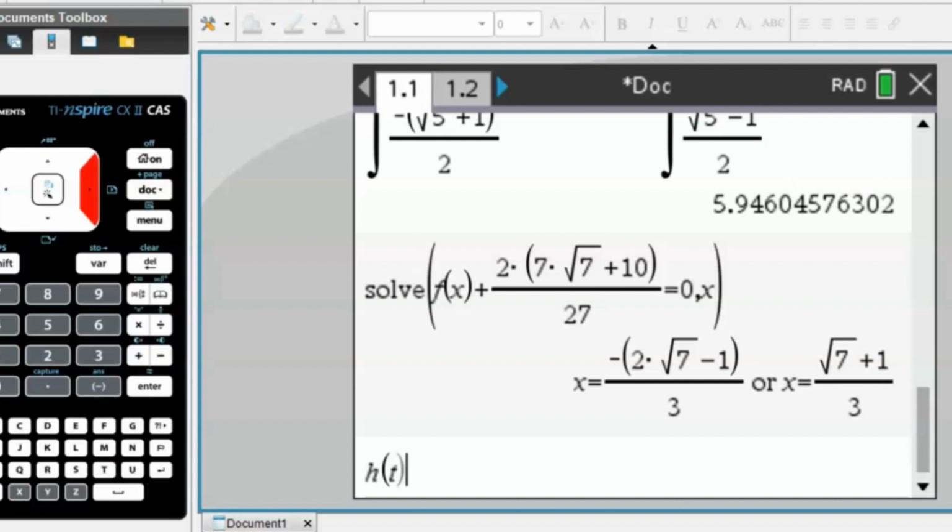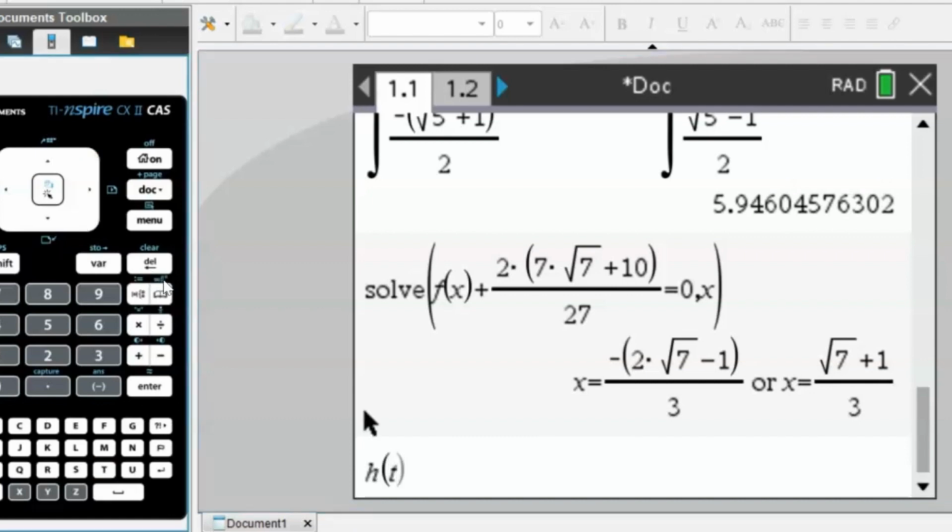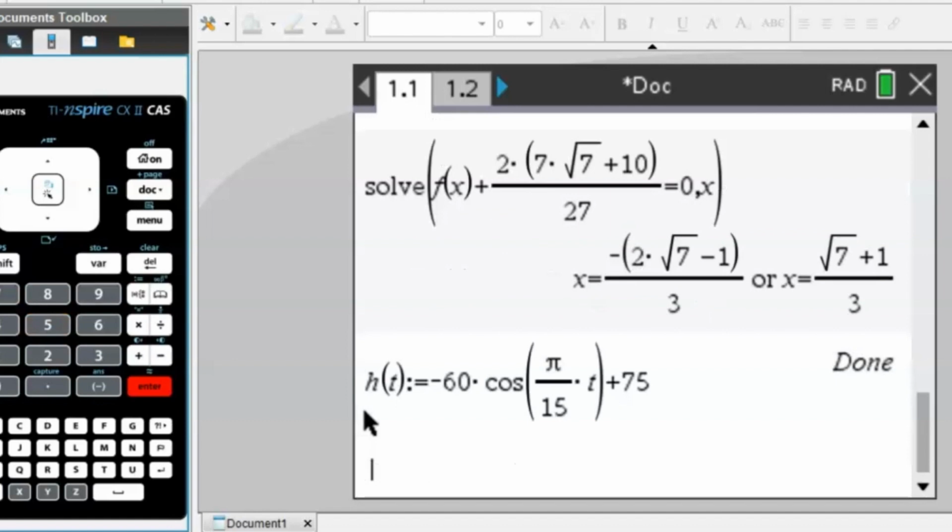Let's define that, much easier to define it. So h(t) is negative 60 cos(pi over 15 times t) plus 75. Alright, we've defined that.